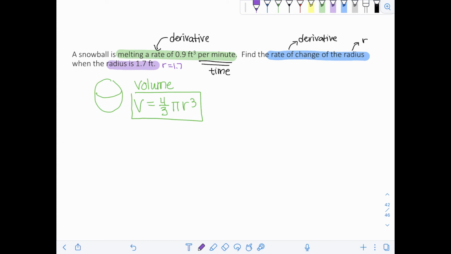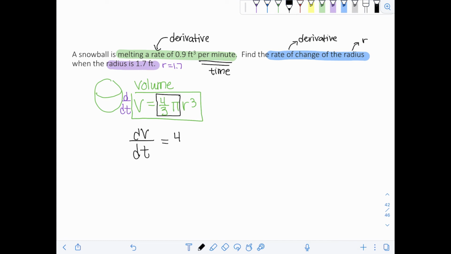Okay, so we have our clues here that are talking about a derivative with respect to time. So what I'm going to do first is take our volume equation and take the derivative with respect to time. So that ends up being, on the left, dv dt, so the derivative of volume with respect to time, is equal to, now remember that pi is just a number, so 4/3 pi is just a number, and so it's just acting as a coefficient of r cubed.